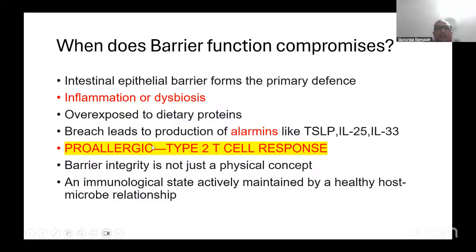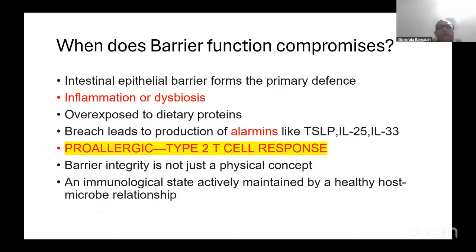So there will be a breach, and that leads to production of alarmins like TSLP, IL-25 and IL-33, and the individual develops a pro-allergic type 2 T cell response. So a leaky gut is therefore a dysfunction that promotes inflammation that further exacerbates the allergic predisposition.